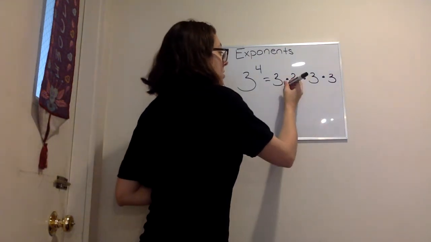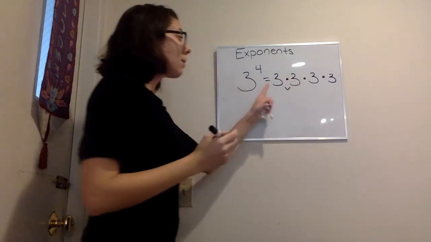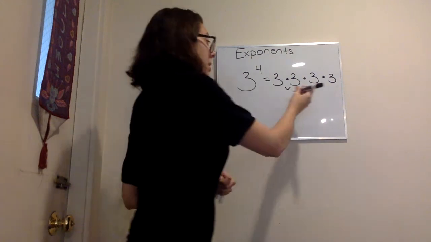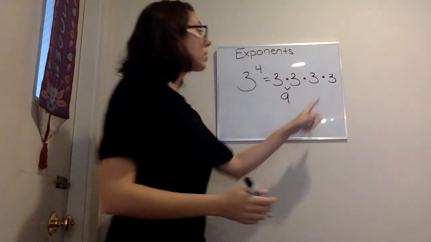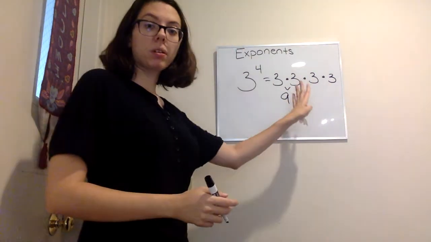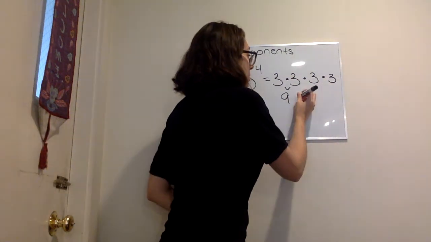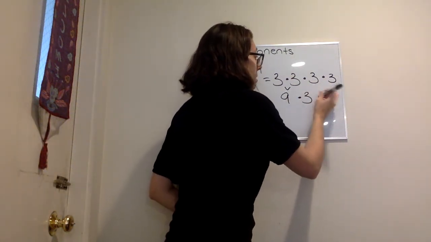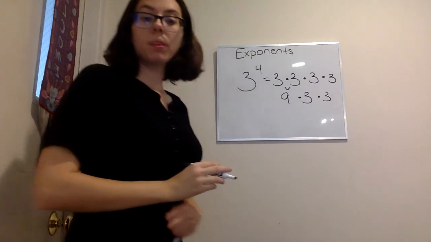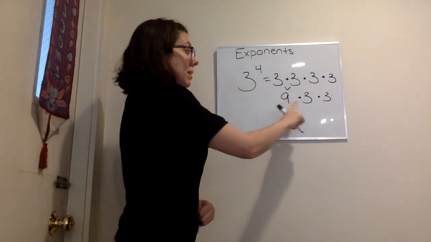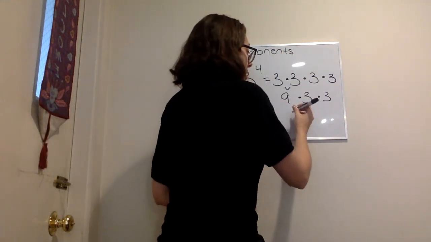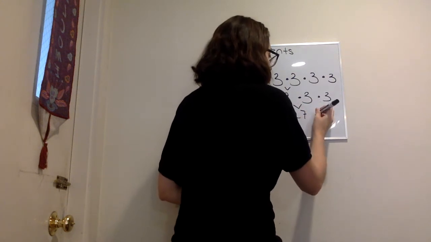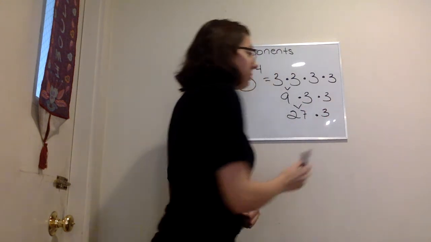So now I'm going to solve it step by step. I'm going to do 3 times 3 and get 9. I could solve this 3 times 3 now, but I'm going to keep it in order. So 9 times 3 times 3. Now I can solve my 9 times 3 and get 27. Again, bring everything else down.